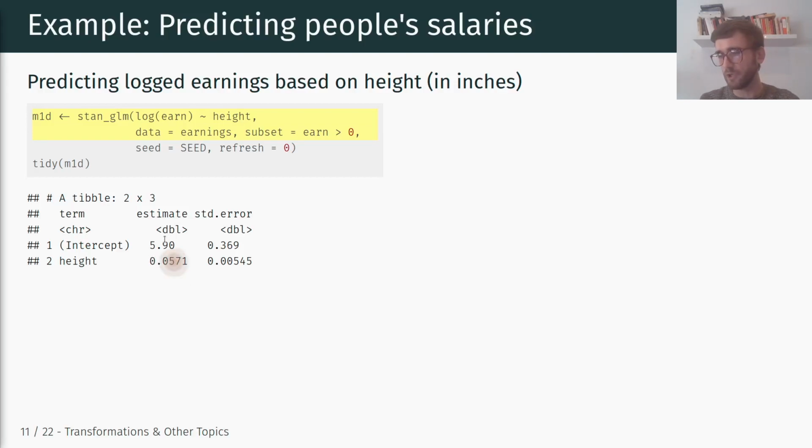So if we wanted to interpret the intercept, we don't really want to here, 1, because it's on the log scale, and 2, because height is not centered. So this is again an extrapolation, so we're not really interested in that.